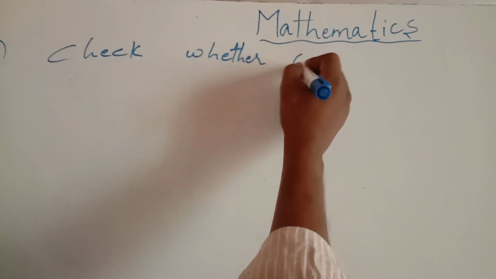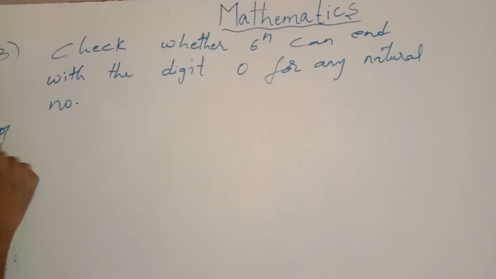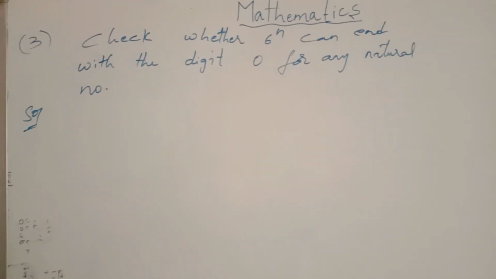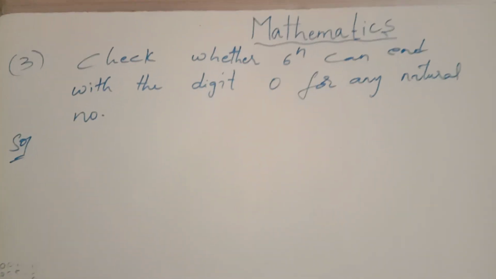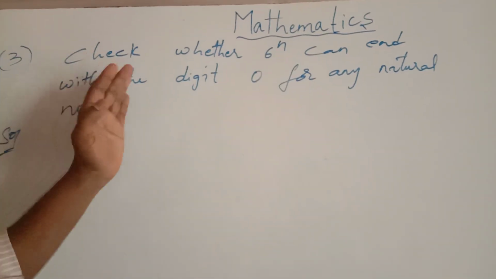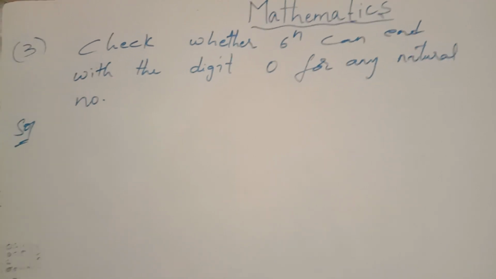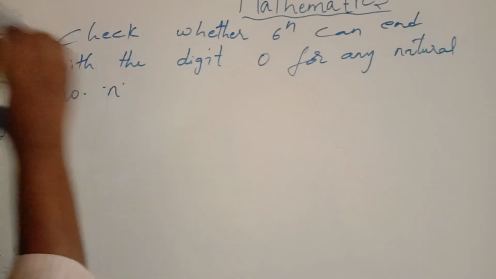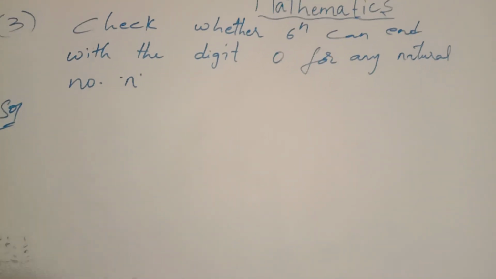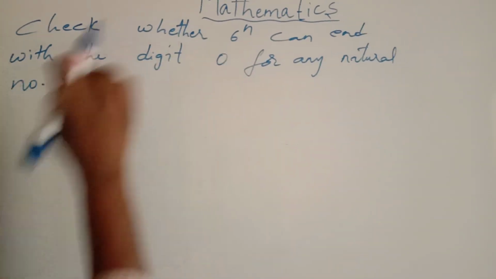The third question is, check whether 6 power n can end with the digit 0 for any natural number n. You are going to check whether 6 power n can end with the digit 0 or not.